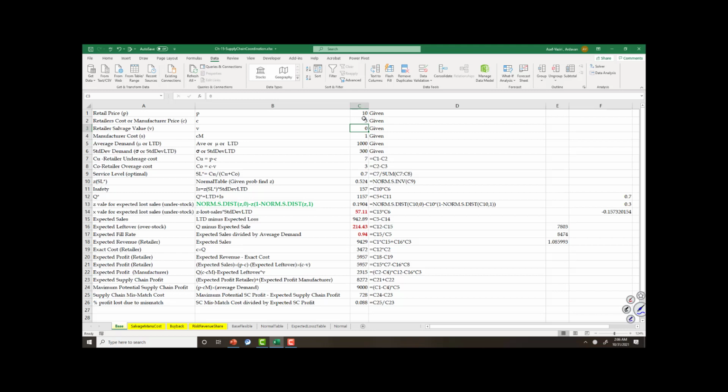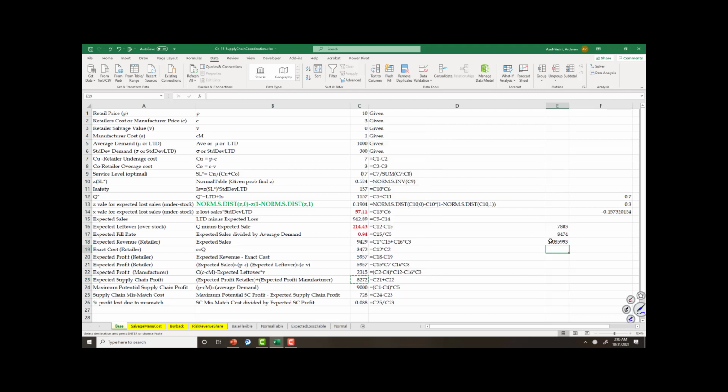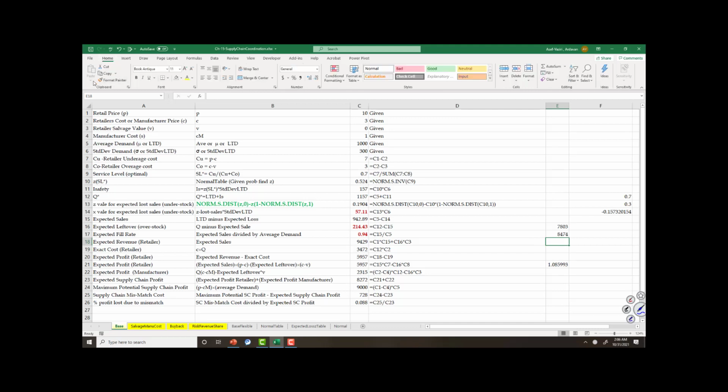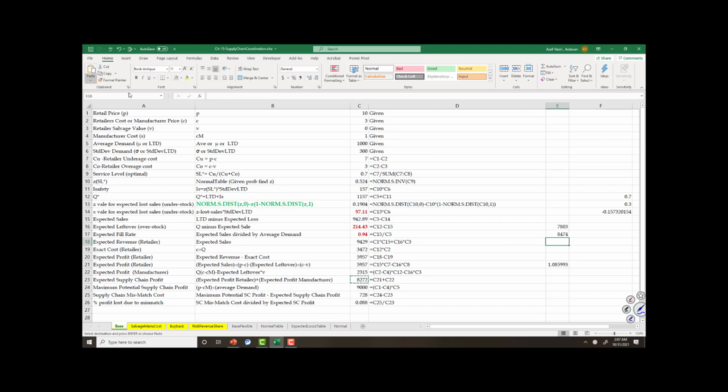In this case, for example, if it is $3, the profit of the supply chain will go up to this much, and that is about 6% more than the original profit of the supply chain.